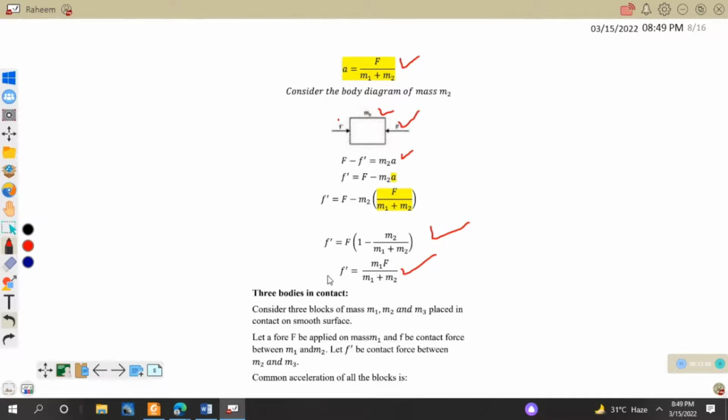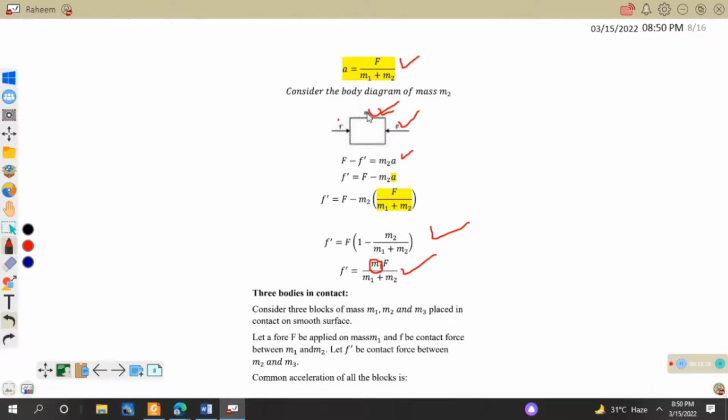In this case, if you notice, when applied force is on m2, in the expression of contact force we have m1 at the top of the fraction, and on the bottom we have m1 plus m2.